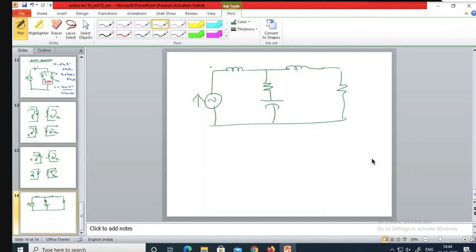It is said in terms of the K values or the mutual inductance values. If it is not given, you just assume that there is no mutual coupling between any of the elements present in the network. Okay, so this is j5 ohms, this is j10 ohms and this is 5 ohms here. And the dot conventions are given like this. This is a dot here and this is a dot here.